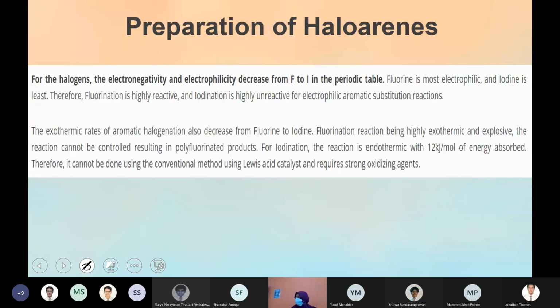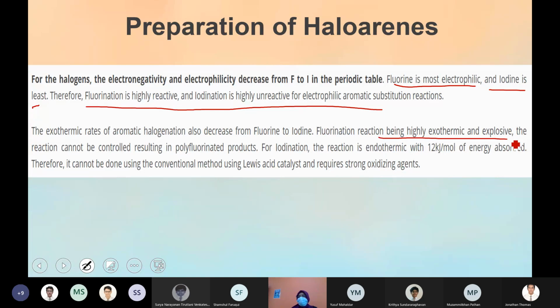So the answer for both the questions is related. You can see fluorine is the most electrophilic and iodine is the least. Therefore, fluorination is highly reactive and iodination is highly unreactive. Being highly exothermic and explosive, the fluorination reaction cannot be controlled.